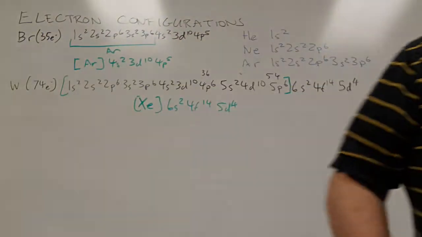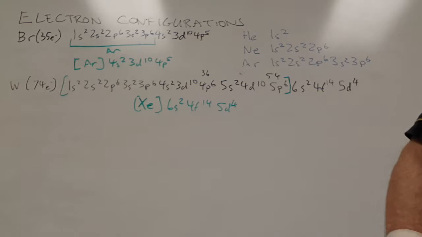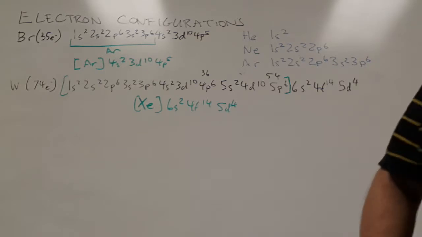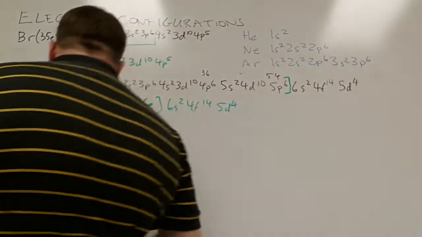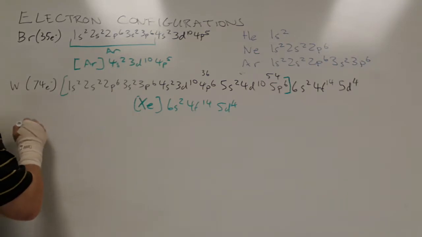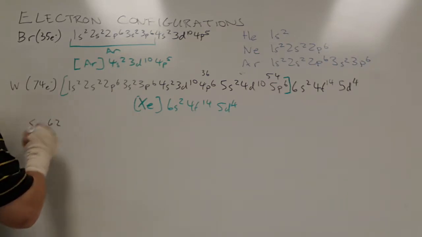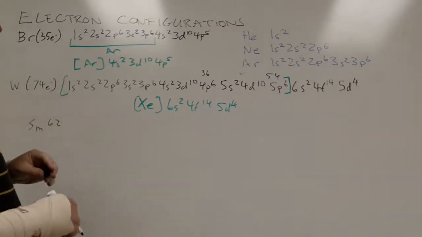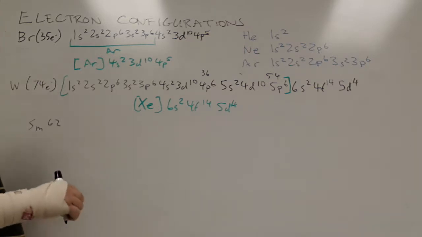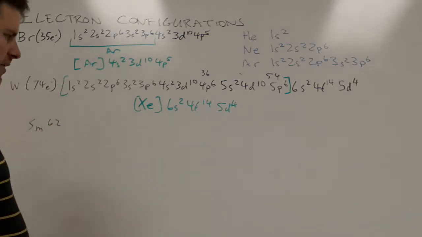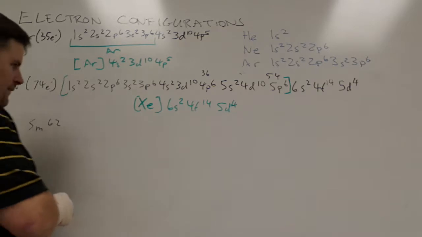Let me show you this. Let's do samarium, which is 62. Samarium is 62, and that means I am in the first block down here. So I've still got xenon as a core.